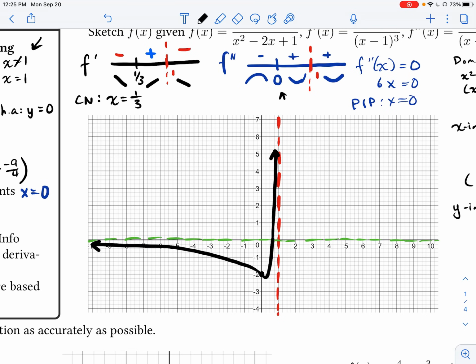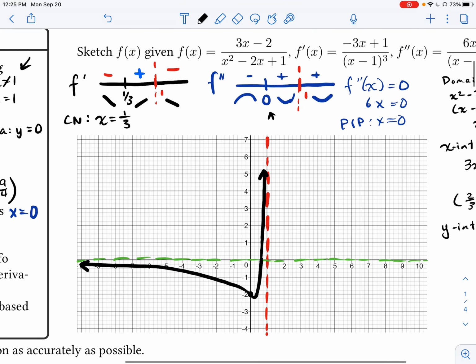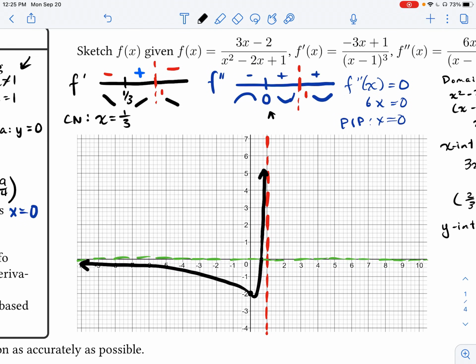From here, since we don't have any other defined points, it's probably a good idea to plug in at least one other point. If I just try plugging in 2, for example, into my original function, f of 2 would be, let's see, 6 minus 2, that's 4, over 4 minus 4 plus 1, so 1. So (2, 4) is a point. Again, I'm going to try to graph going through this defined point that I just found.